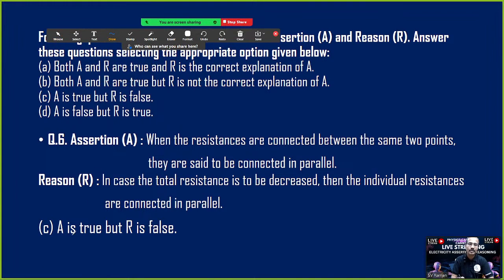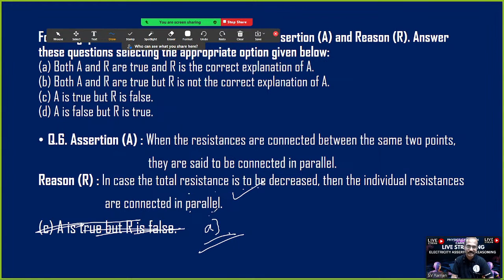Here also option A is the right answer. Both assertion and reason are true. Option A itself, not B. Because in parallel combination, the total resultant resistance will be lesser than the individual resistances.